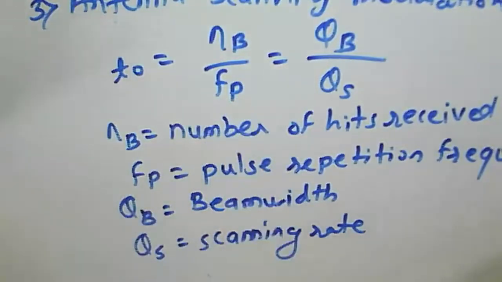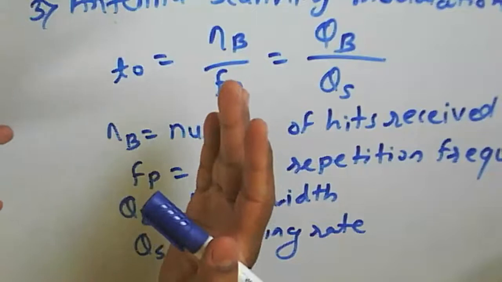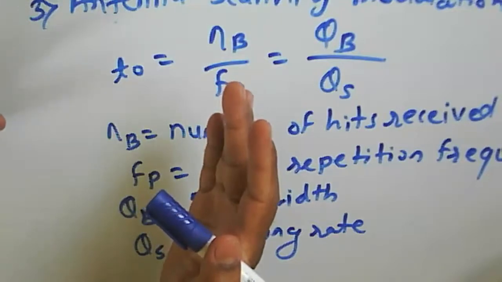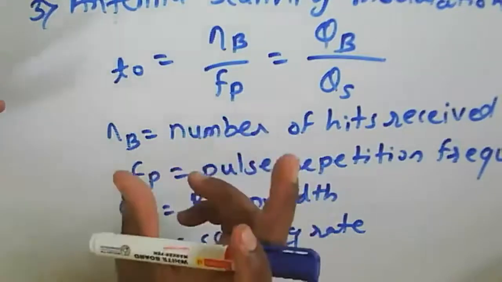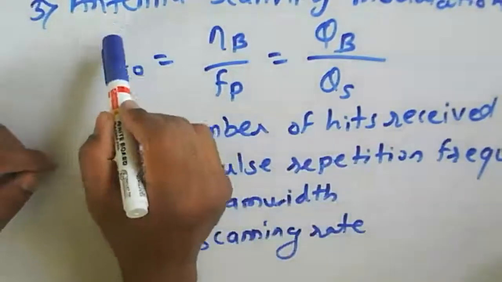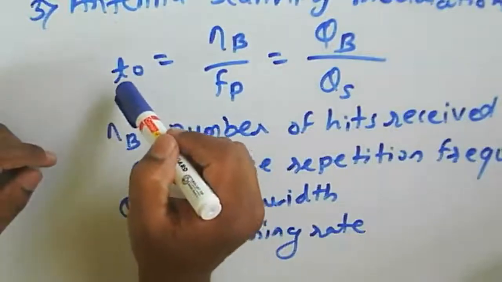So the received pulse train, if you consider it for a given particular duration, has a frequency spectrum, and the width of that frequency spectrum is proportional to 1 by T0.